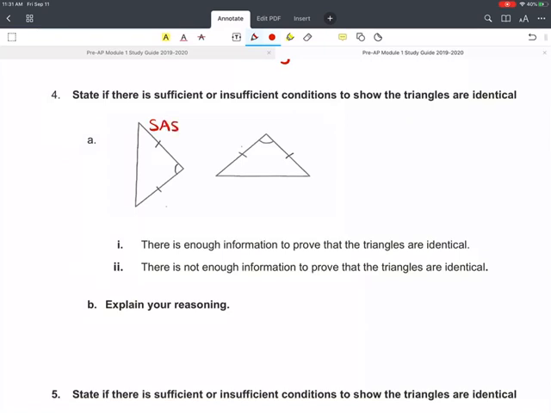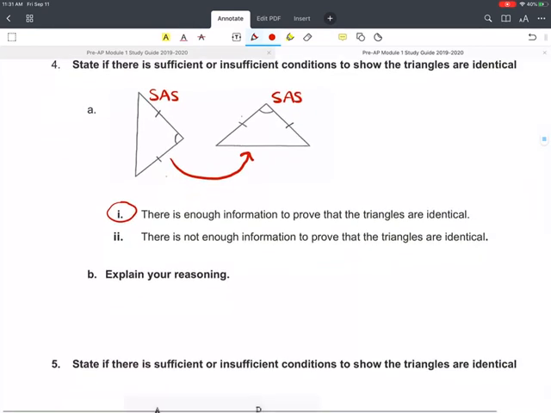If I look at the one right beside it, it also would be a side, angle, side. So because of this, they are the same. It just looks like maybe they rotated it. So they took this one and they just flipped it over just a little bit. That would mean there is enough information to prove the triangles are identical.